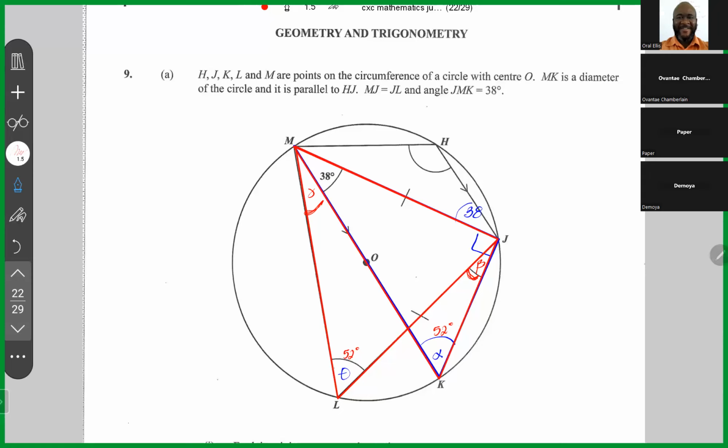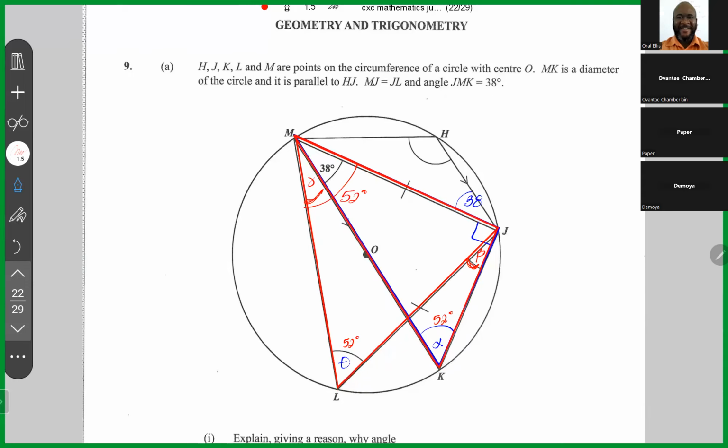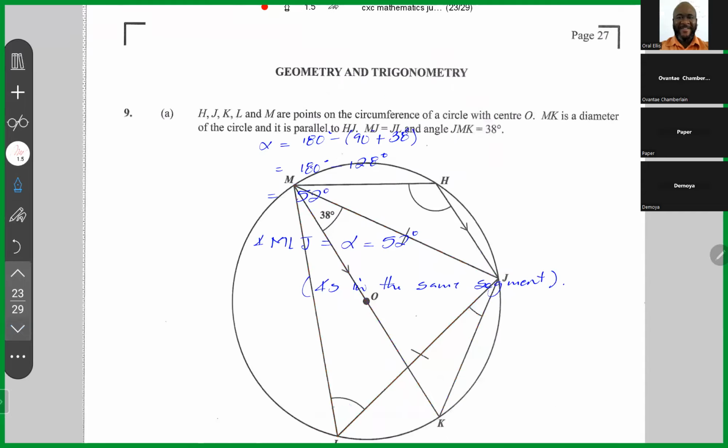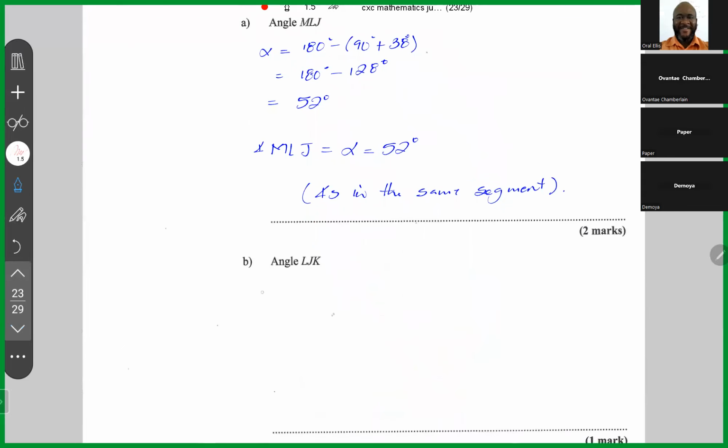If you look carefully, you'll see that MJL is an isosceles triangle. So if the angle at L is 52 degrees, the angle at M is also 52 degrees. That being said, it means that gamma is equal to 52 minus 38, and I think that this is 14 degrees.